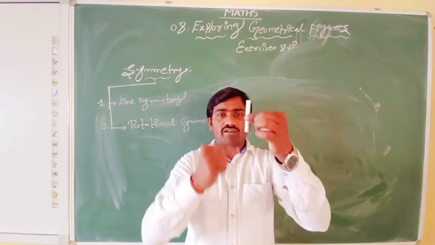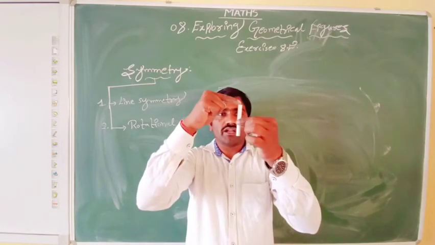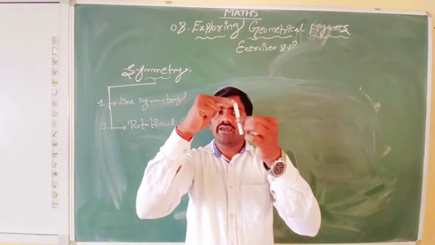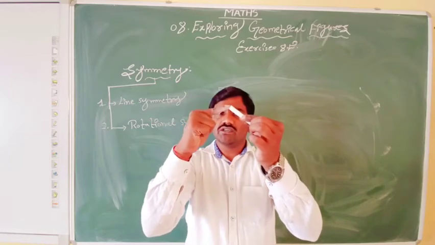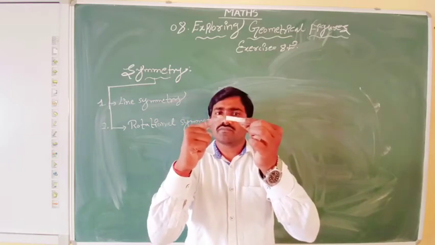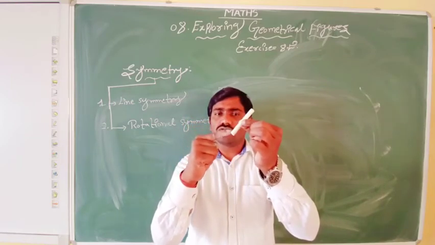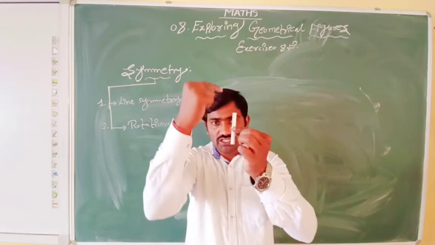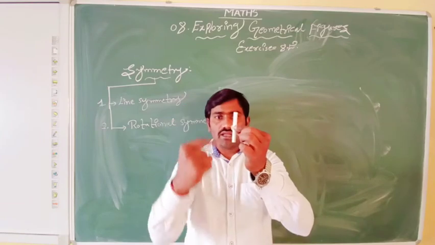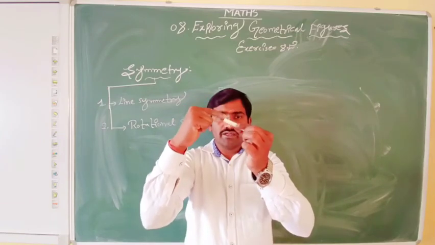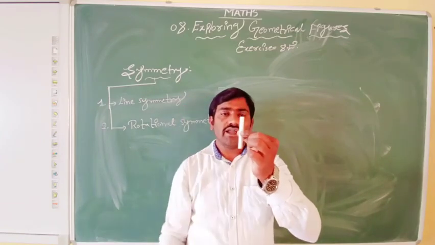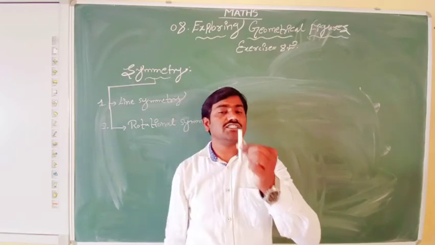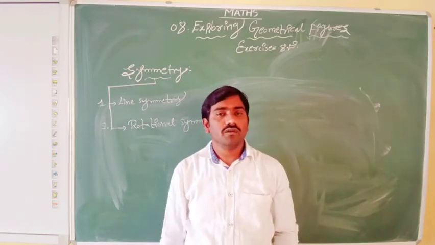Now it is a vertical chalk piece. If I rotate with an angle 0 degree, 1 degree, 2 degrees, 10 degrees and 90 degrees, then I will be going through the 180 degrees. Now it came to the rest position, the same position again, the vertical. Again, if I complete 360 degrees, it comes to the rest position.